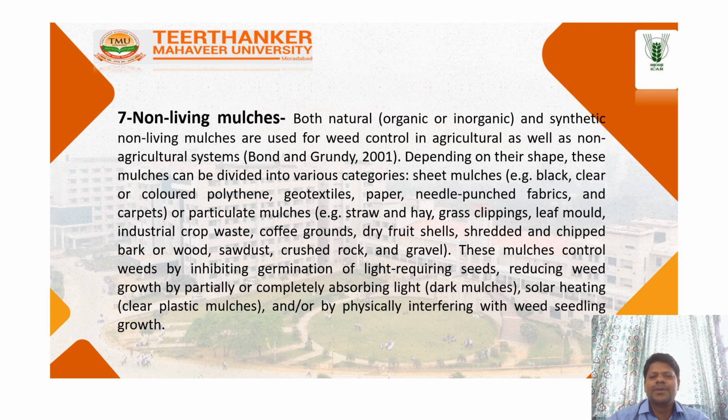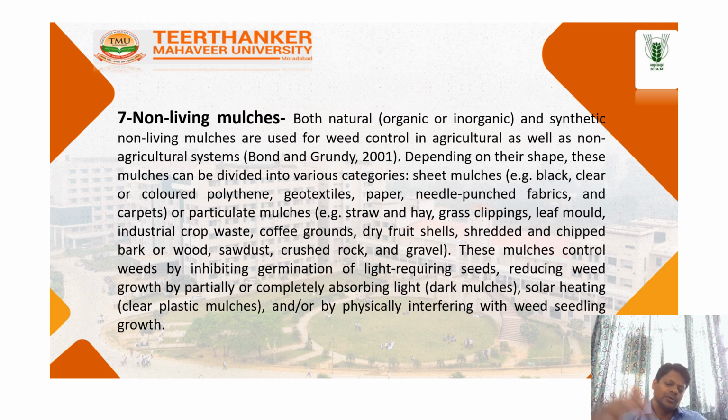Sheet mulch, for example black, clear or colored polythene and paper, are non-living mulches. Straw, hay and grass are also non-living mulches. So when we cover the soil with non-living mulch, it also controls the weed.